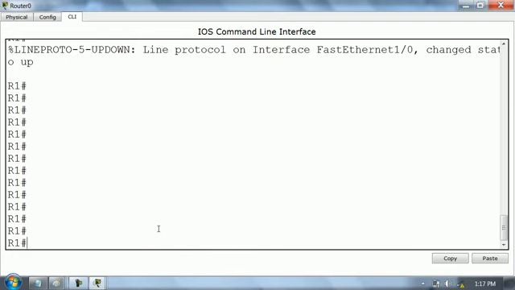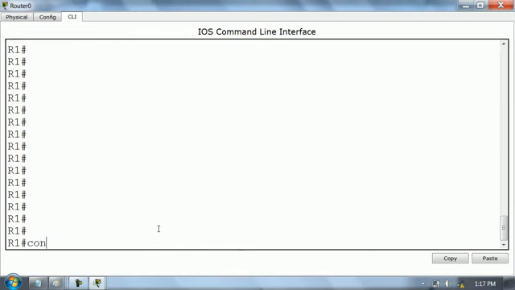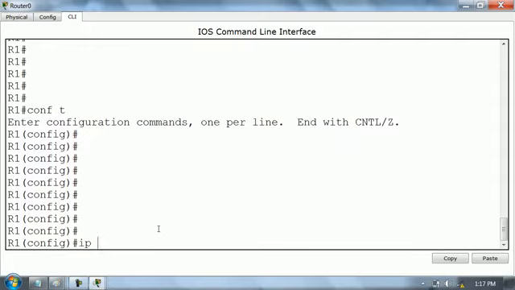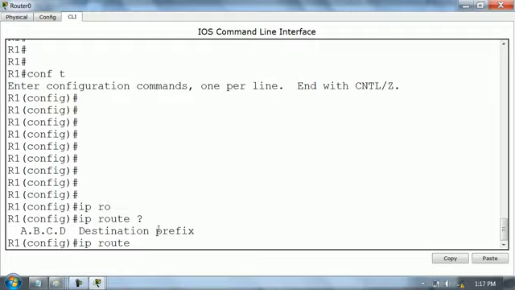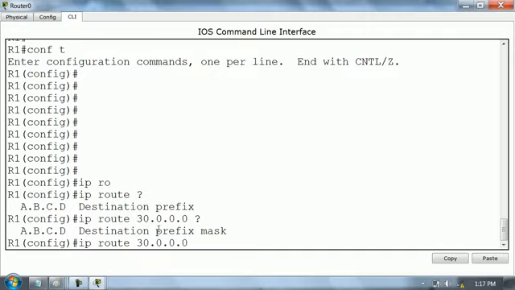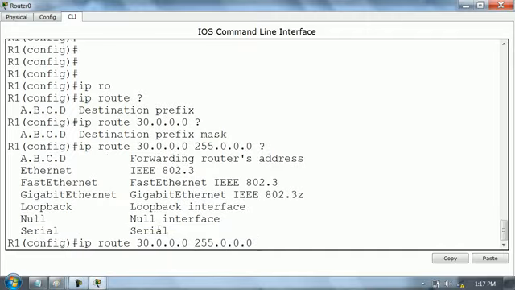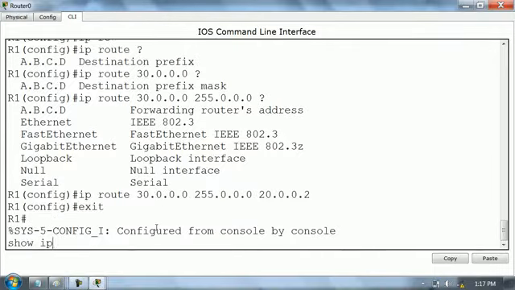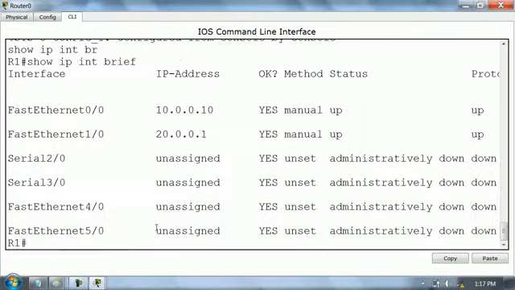So first thing, IP space, destination prefixes, (20.0.0.2). इसकी अपनी IP है 20.0.0.1.